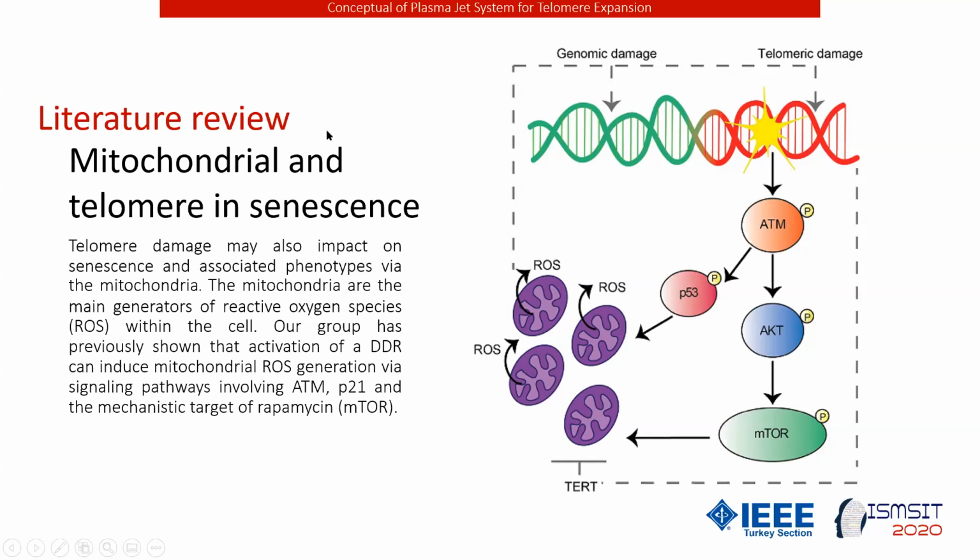We report that the change in mitochondrial size and ROS production depends on PGC1 beta and mitochondrial biogenesis. In contrast, it has been documented that short telomere signals activate P53, which represses PGC1 alpha and PGC1 beta.